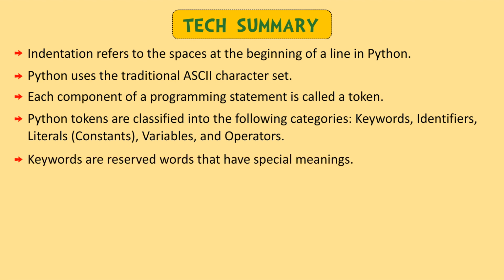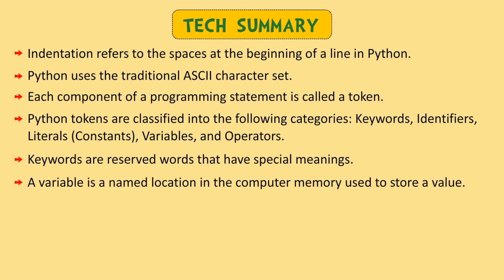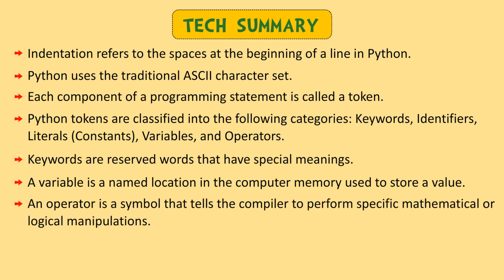Keywords are reserved words that have special meanings. A variable is a named location in the computer memory used to store a value. An operator is a symbol that tells the compiler to perform specific mathematical or logical manipulations.